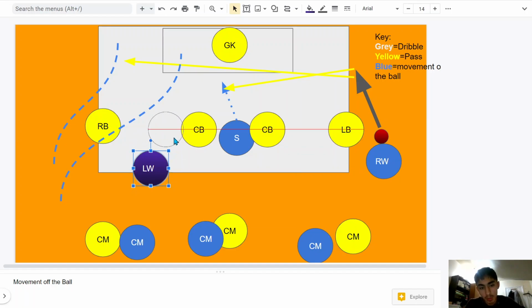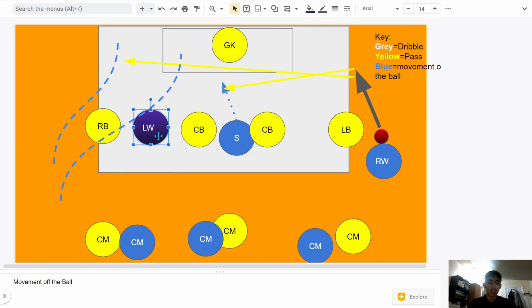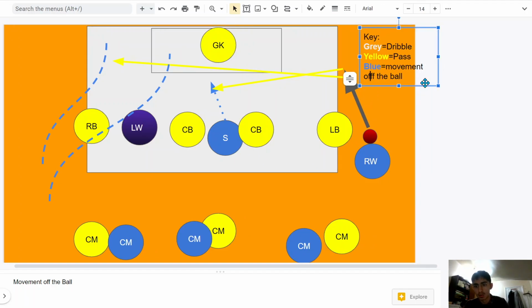Don't be too predictable because, as I said earlier, unpredictability, if it's used to confuse the opponent, just makes it harder for them to follow you. Anyways, yeah, that's how I would play as a winger.